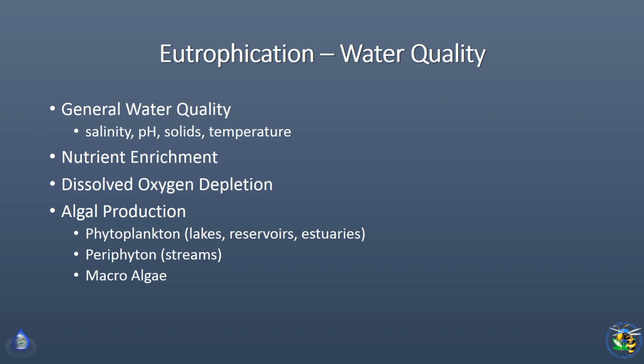It can look at impacts on dissolved oxygen and algal productivity, looking at 3 different types of algae: free-floating phytoplankton, periphyton, which is the algae that's attached to rocks, and then macroalgae, which is algae that could be floating on the surface of the water, floating in the middle of the water column, or down at the bottom.